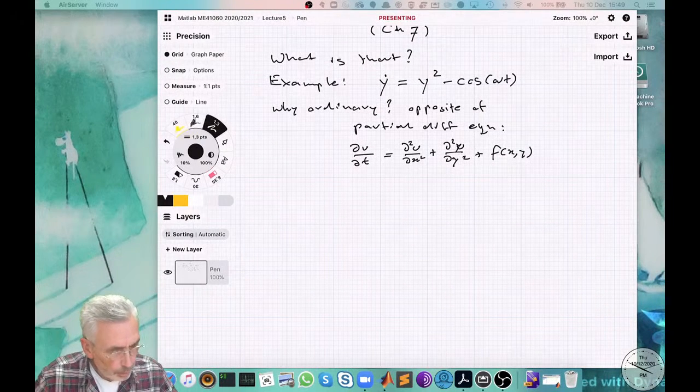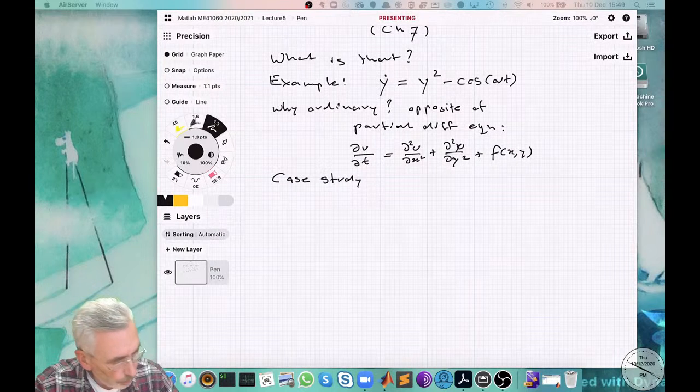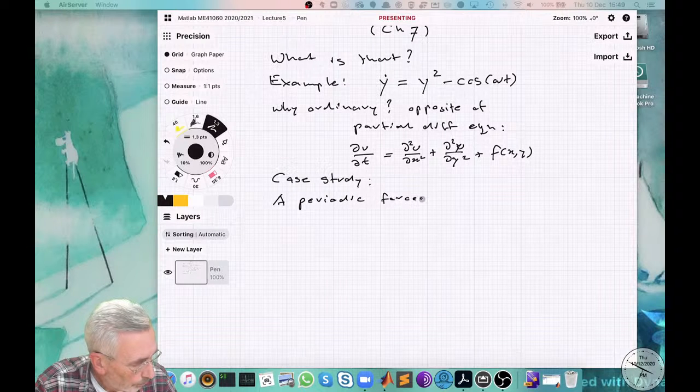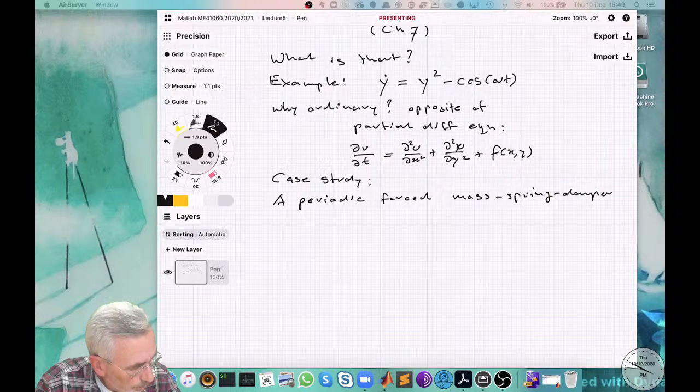Now let's do a case study, and this is really a case study which is very applicable to mechanical engineers. We're going to look at a forced, and maybe I should say a periodic force, a periodic forced mass spring damper system.